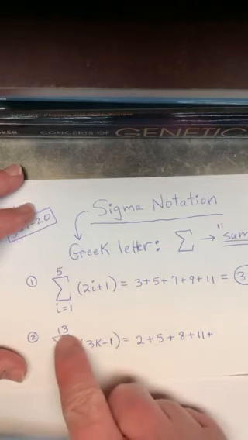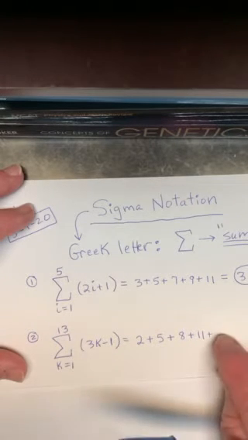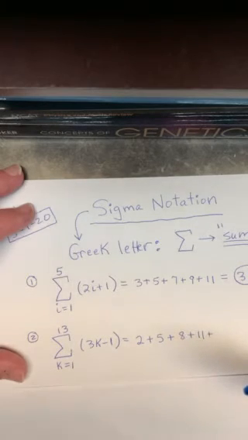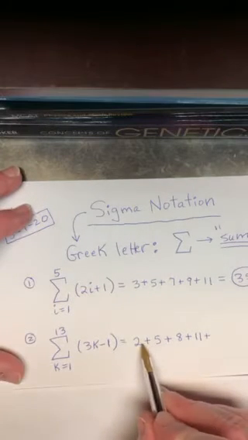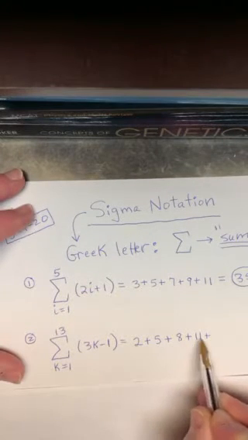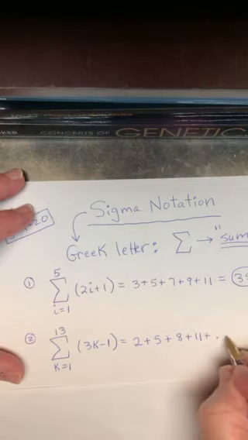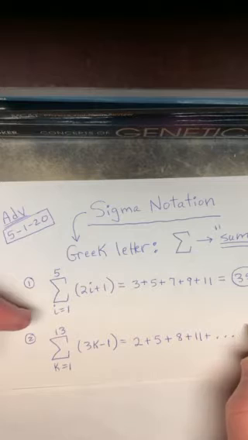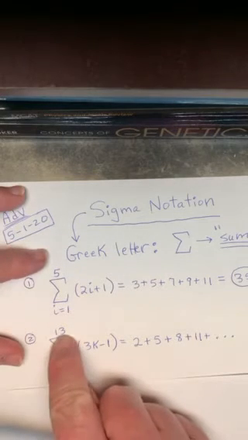And I was supposed to go all the way up to 13. I sure don't want to plug in 9 more numbers here. I'm going to be here forever. Oh, so think about it. I've got 2 plus 5 plus 8 plus 11 plus ... It keeps on going. If I finally did plug in our 13th number, right?